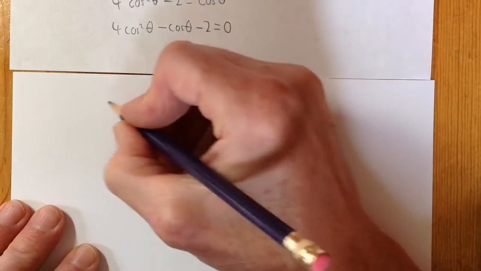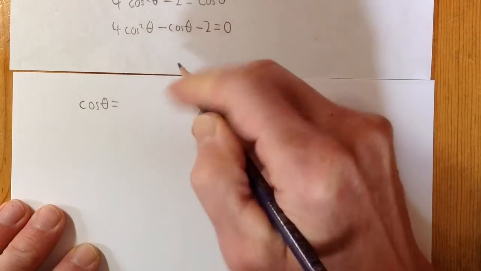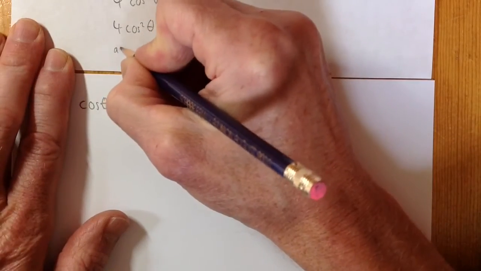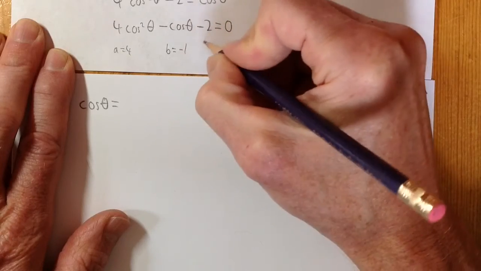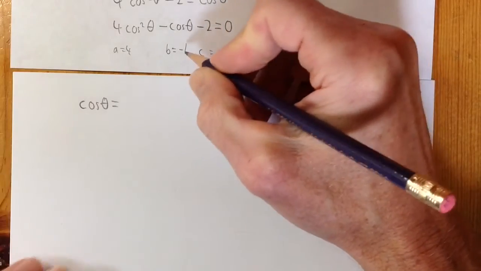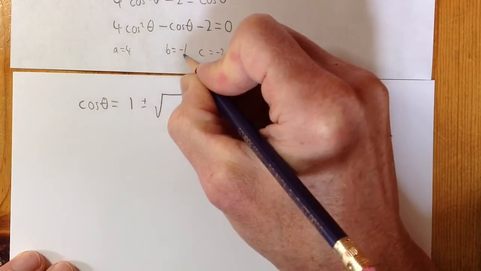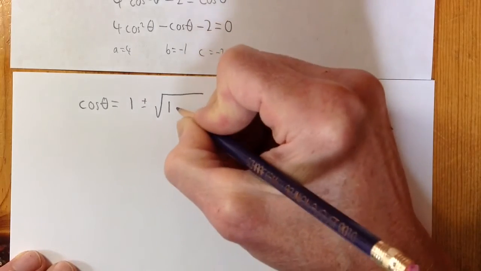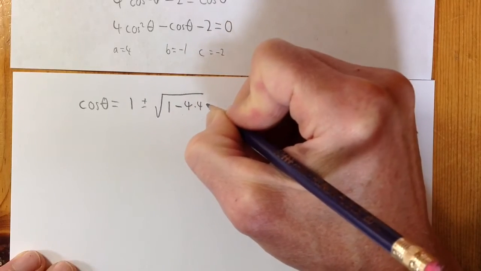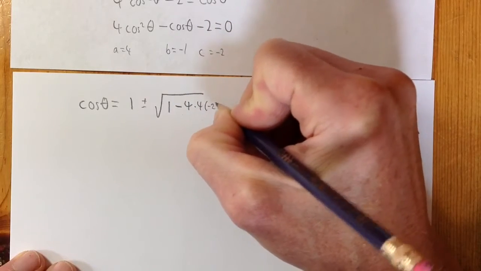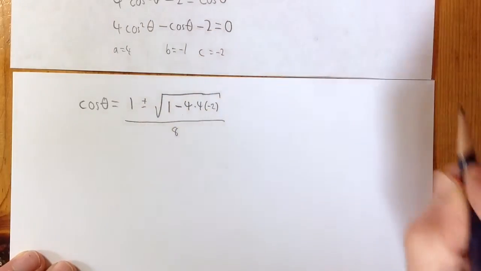Okay, so we have that cosine theta is equal to negative b. So a is 4, b is negative 1, because this is negative 1 there, and c is negative 2. So negative b is 1, plus or minus the square root of b squared, which is negative 1 squared, which is 1, minus 4a, which is 4, times c, which is negative 2, all divided by 2a, all divided by 8.